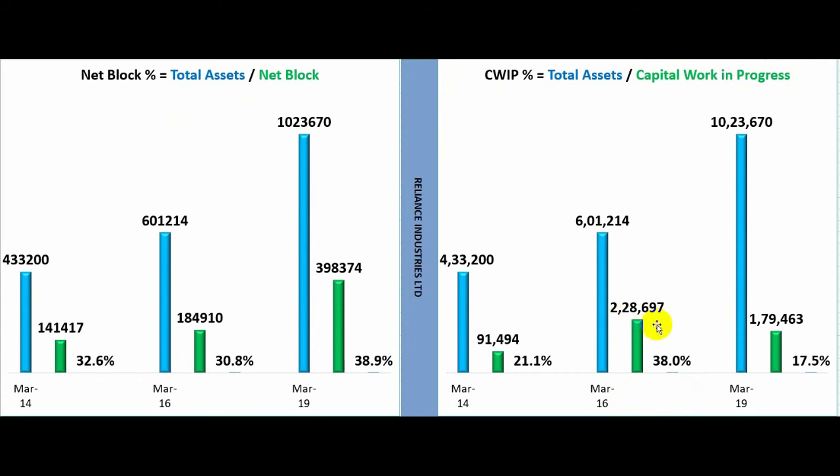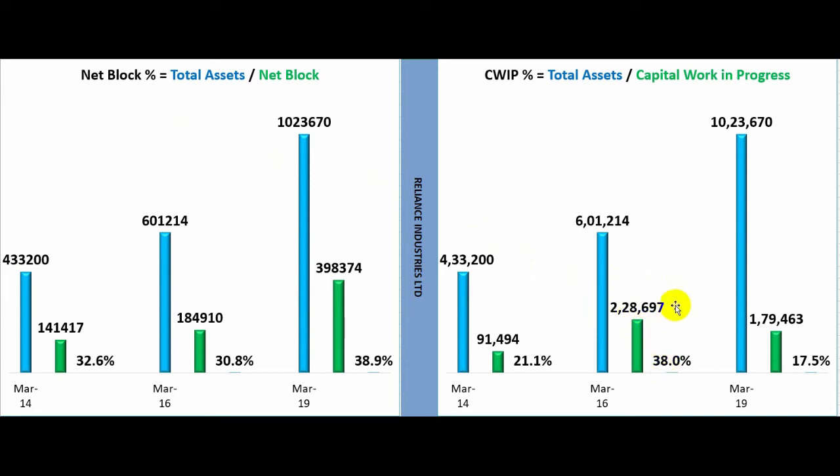Meaning 2,28,000 crores of assets were being built up and were not even ready. These will be transferred to the balance sheet as net block or gross block, and on that the depreciation will be deducted. So it is quite high at 38% in March 16.